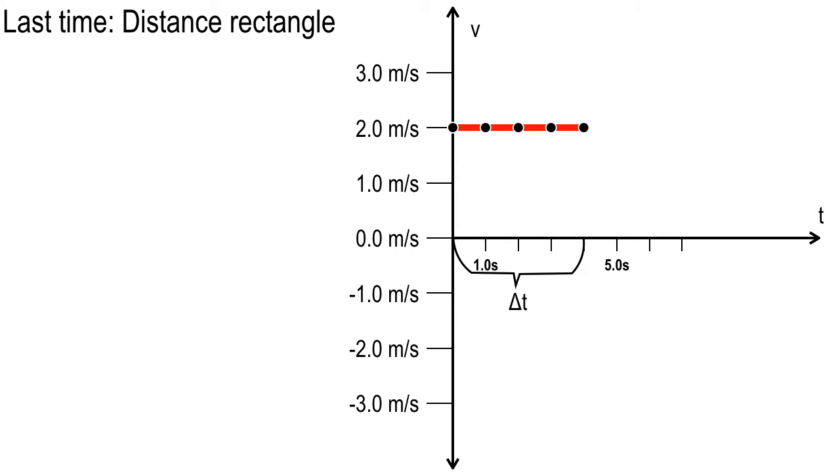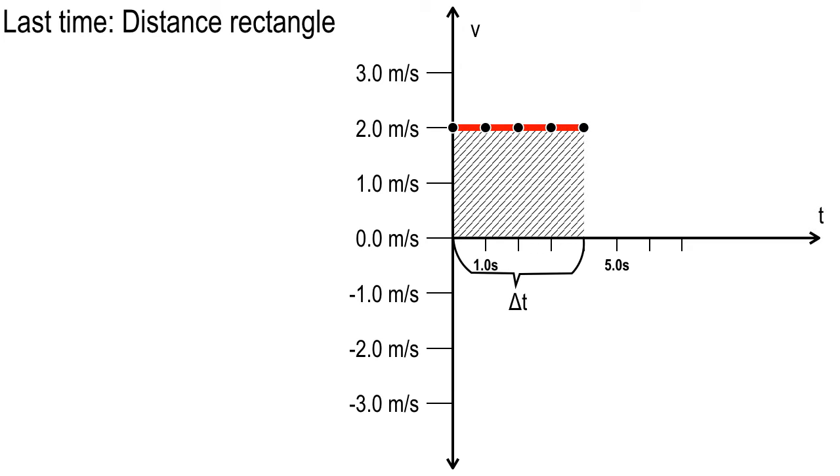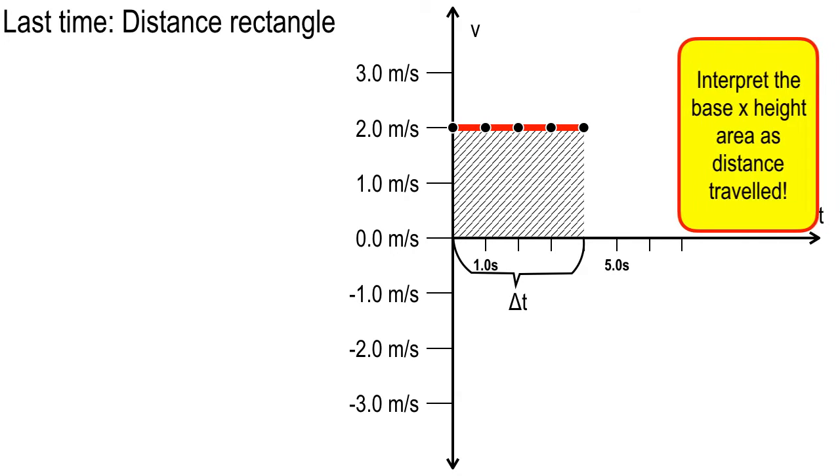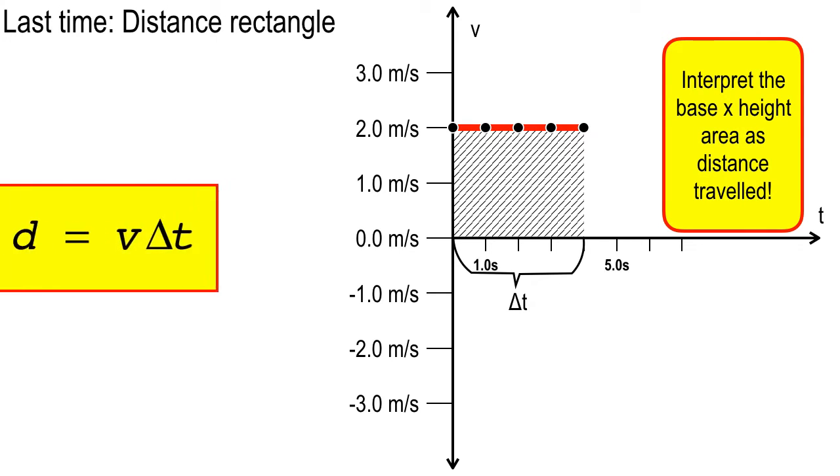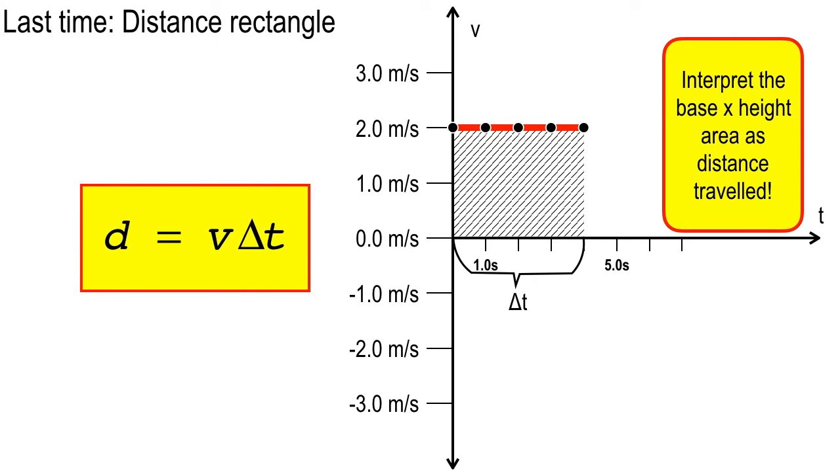What I told you to do last time was construct the rectangle between the velocity graph itself and the time axis, and then straight line segments left and right. You can interpret the area of that rectangle as the distance, because it actually is the speed times the elapsed time delta t, or v times t.